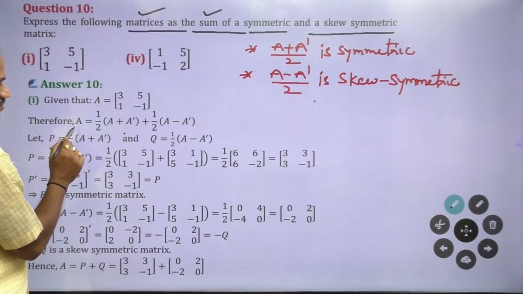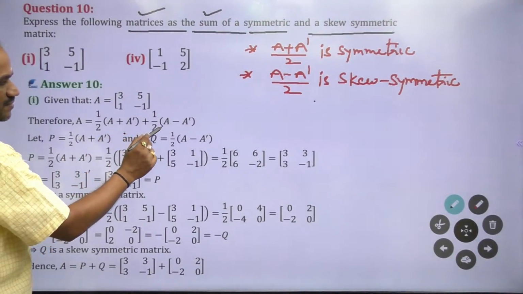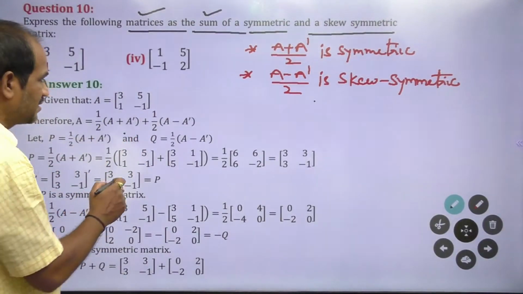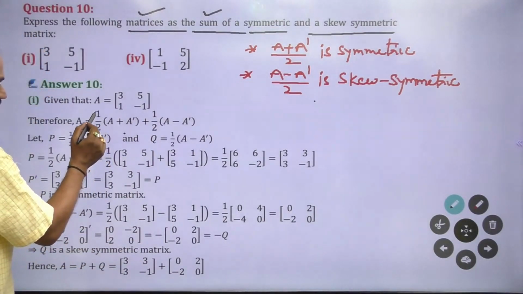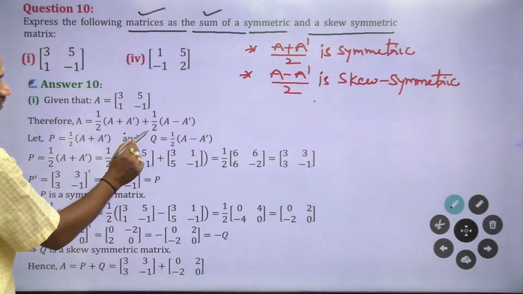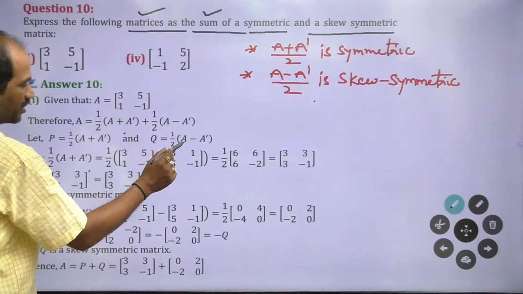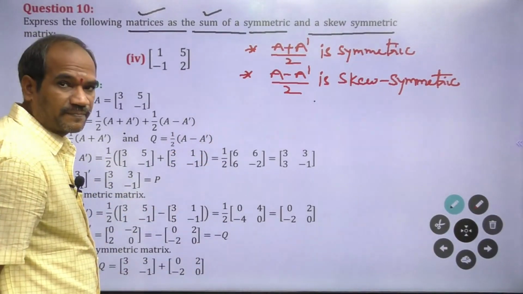So take this matrix as P and this matrix as Q. P is symmetric and Q is skew symmetric, by these two formulas.